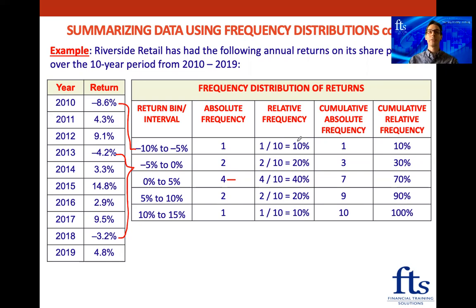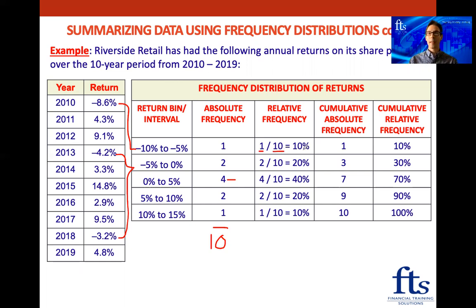Right, so now the relative frequency. Remember, all we do is take the number of observations in each bin and divide by the total number of observations. If we add up the total number of observations, we get 10. So for the first bin, there's only one observation, and we divide by the total number of observations.